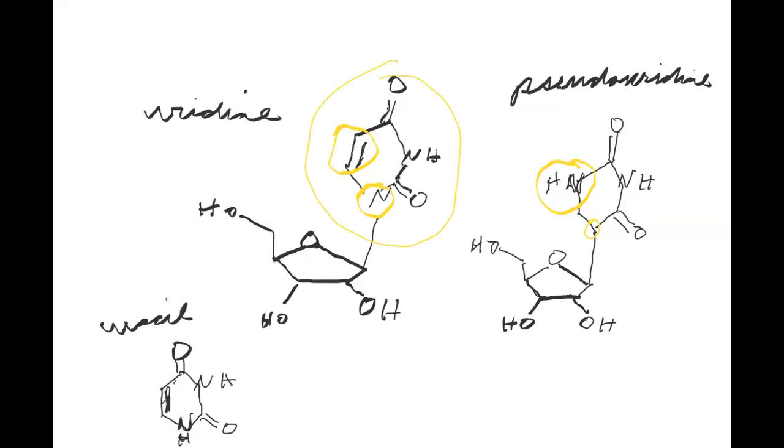So uridine is this whole molecule. Okay, so really uridine is uracil with this 5-ring structure. Okay.